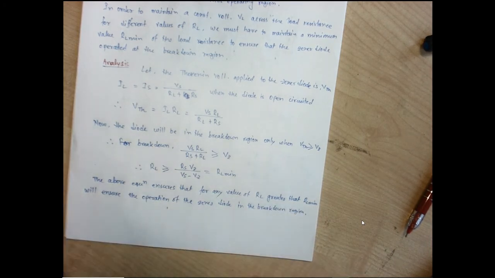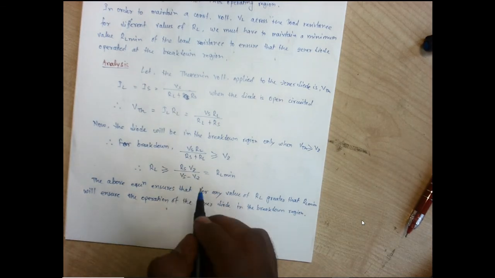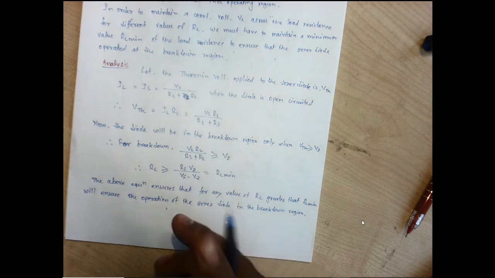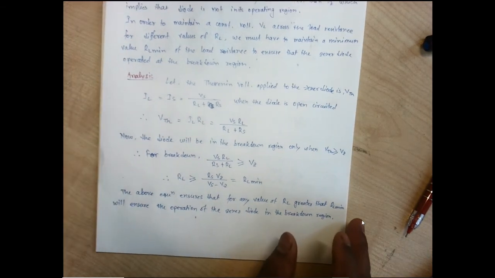So any value of RL which is greater than RL min, so what is that? RS VZ by (VS minus VZ). Any value above this will ensure the Zener diode is in the breakdown region.